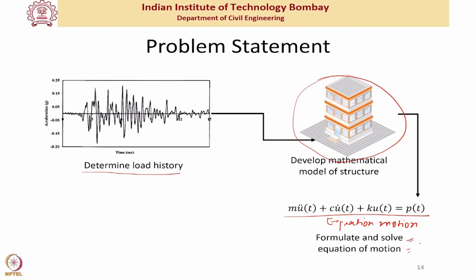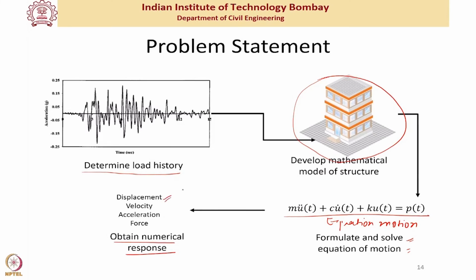All right. Okay. Now after this, once I have the equation of motion set up, I would find out the response quantities. Okay, so obtain the numerical response. And what are the typical response quantities I'm interested in? They could be displacement, velocity, acceleration, and force.